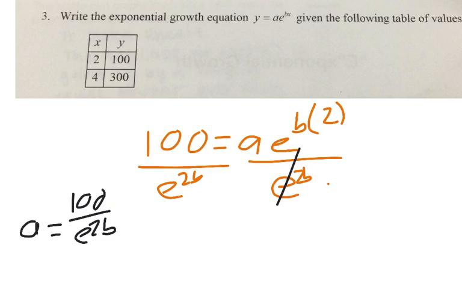That would be y equals A. So 100 equals 100 over e to the 2B times e to the B times 2. So what do I really have here?